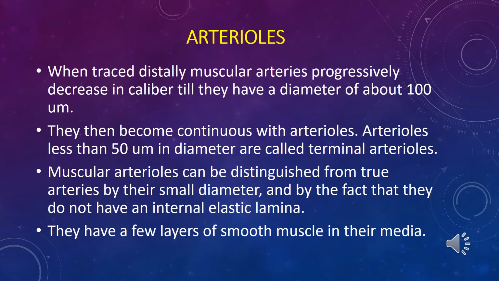Arterioles. Arterioles lie farther from the heart, and the muscular artery continues and forms arterioles. Arterioles are near 50 micrometers in diameter, and in arterioles there are smooth muscle cells, but the internal and external elastic lamina are not visible.